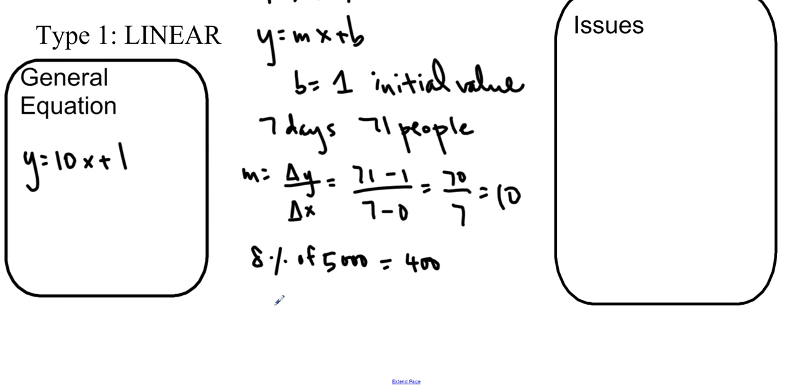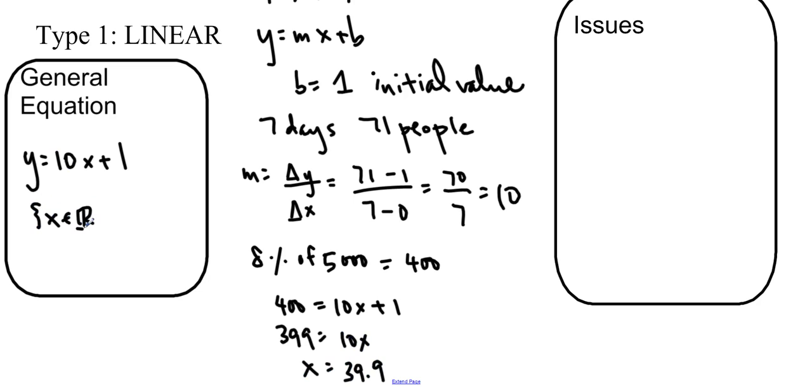So 400 equals 10x plus 1, and we're just going to solve it. So 399 is equal to 10x, and x is equal to 39.9. So we're going to limit this equation for x in R such that 0 is less than or equal to x is less than or equal to 39.9 days.